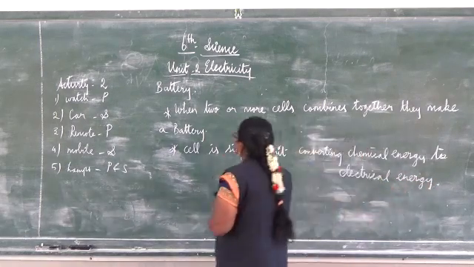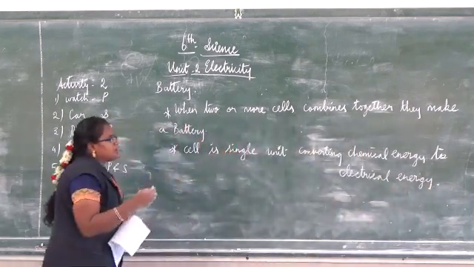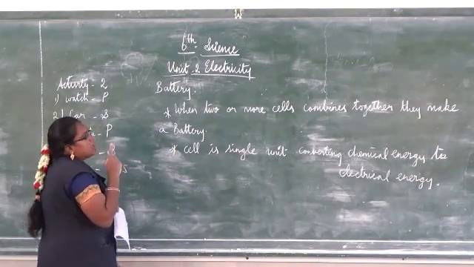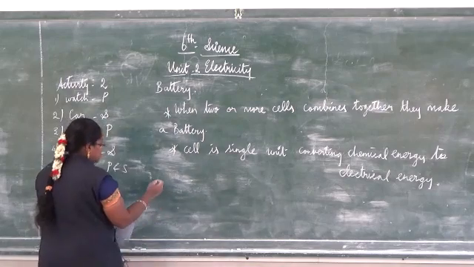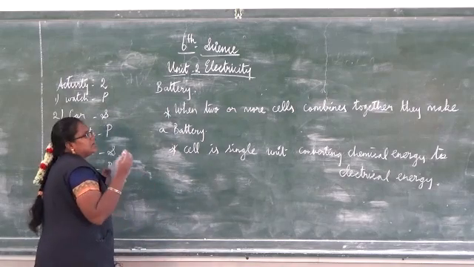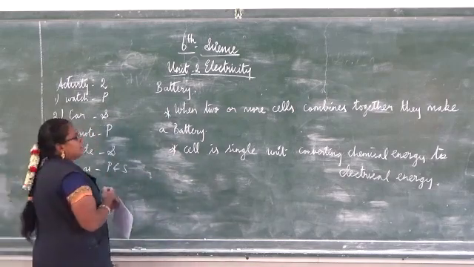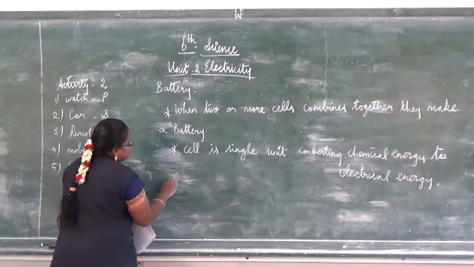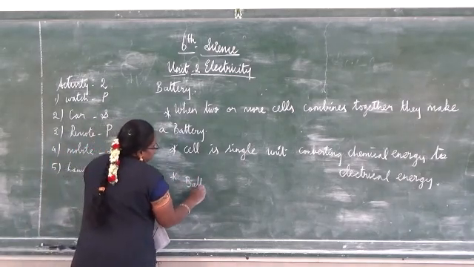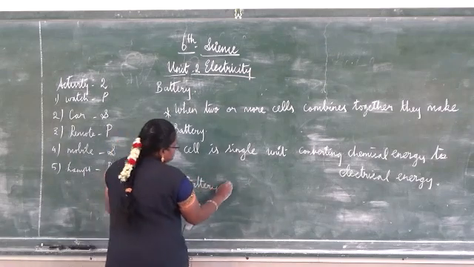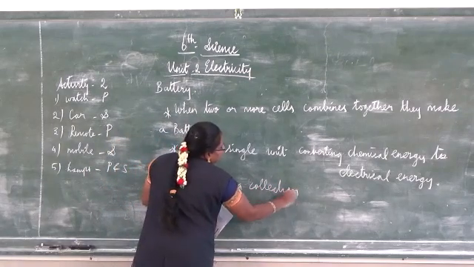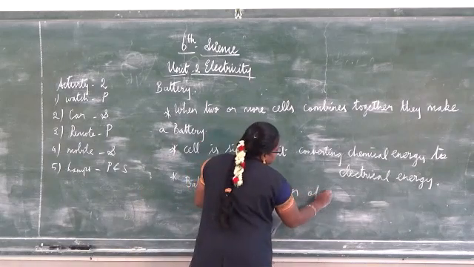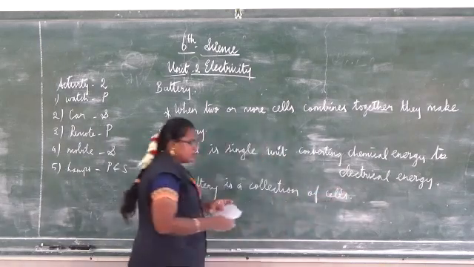So when two or more cells combine, they are called a battery, and a cell is a single unit that is converting chemical energy to electrical energy. Understand? A battery is a collection of cells, I mean two or more cells. A battery is a collection of cells. Understand? Yes.